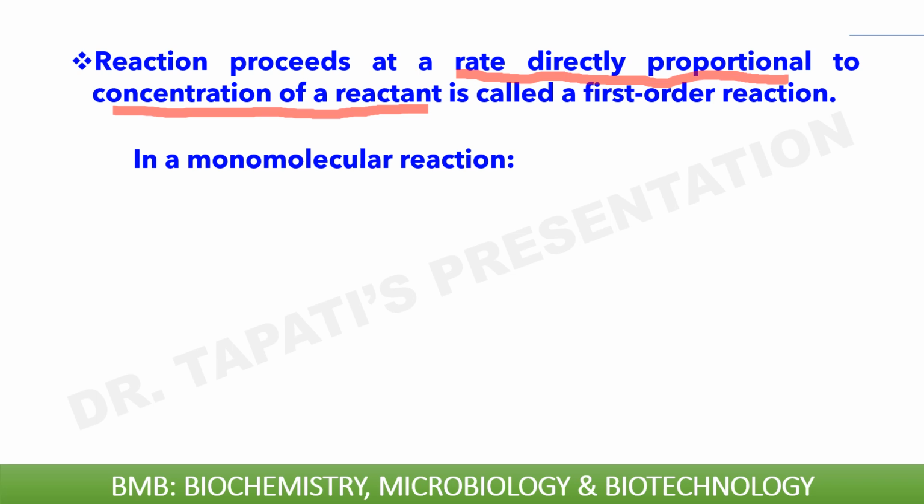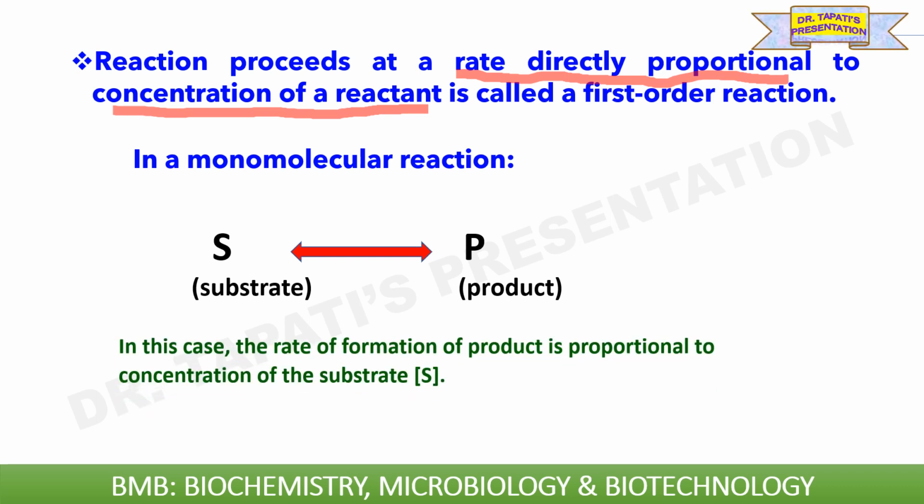In a monomolecular reaction, if S is substrate and P is product, the rate of formation of product is proportional to the concentration of the substrate, that is S.